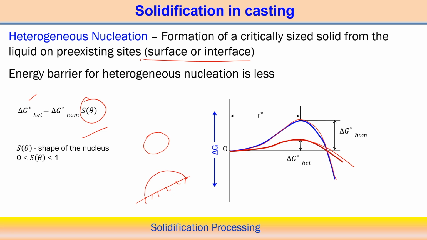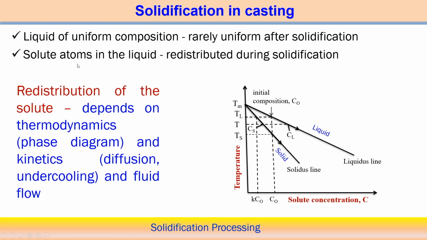So this is represented by the shape factor S theta, and S theta must be between 0 and 1. Definitely when it is less than 1, the energy barrier for heterogeneous nucleation will be much less as compared to the homogeneous nucleation process. So, these are the two types of the nucleation process.